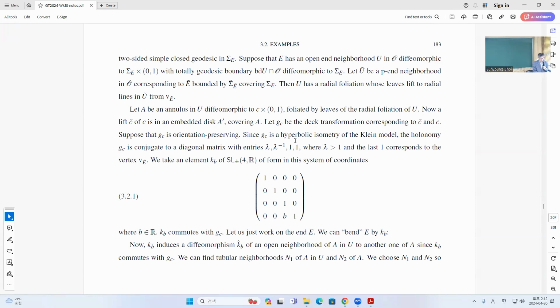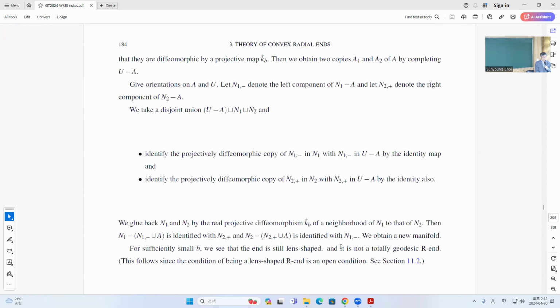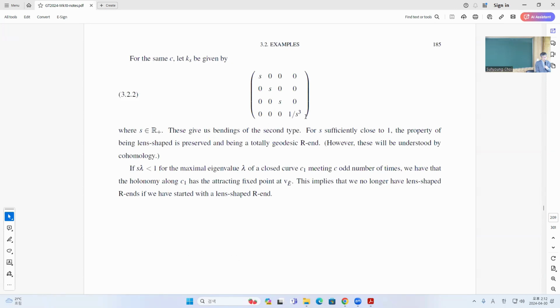So this will fix the fixed point, and then you can reattach using this diffeomorphism. Okay, and then this is what's called the bending, and another way to do it is using these diagonalizable ones.